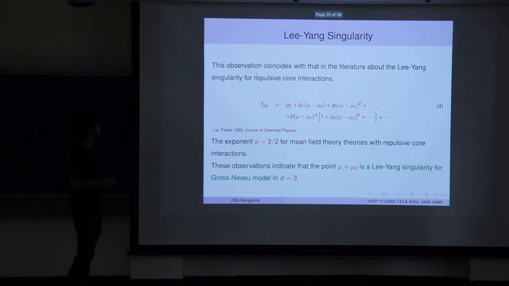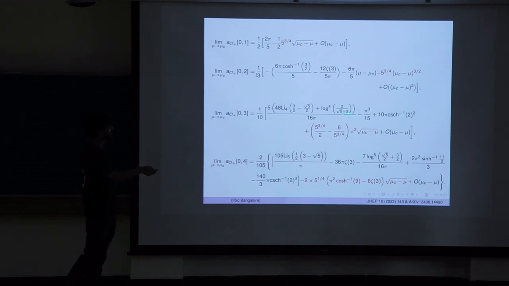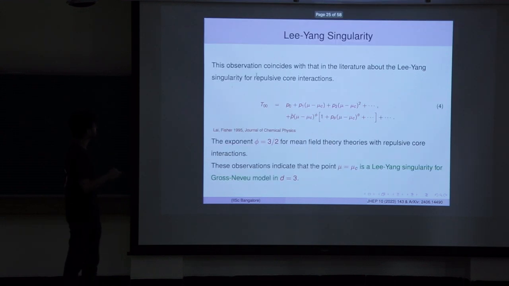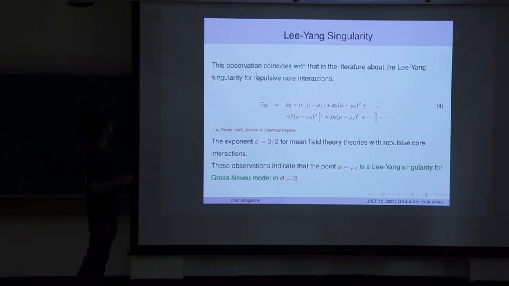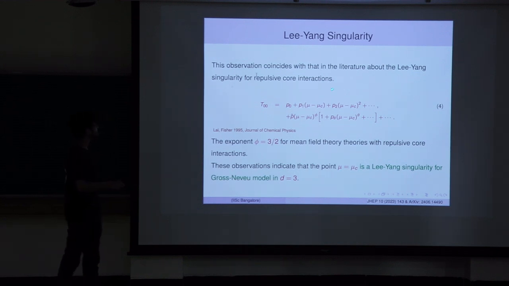Based on this branch cut structure of 3 by 2 for the stress tensor, you can see that it coincides with the literature on the Lee-Yang singularity for repulsive core interactions.